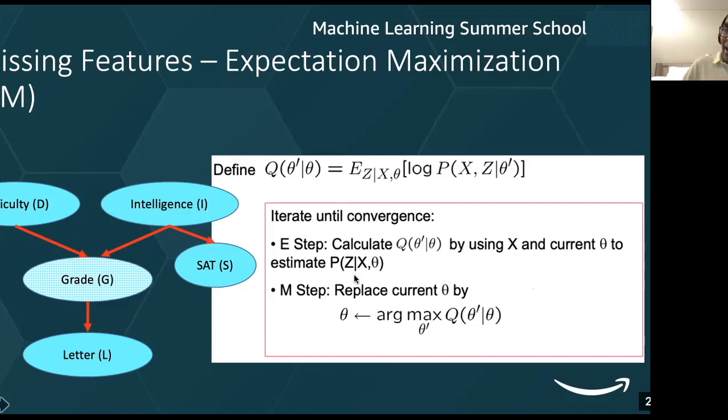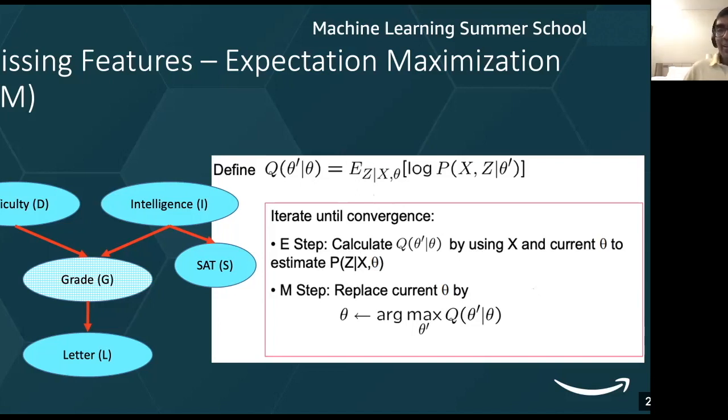In that case, you will end up with a probability distribution of z given x and the current estimate of theta. Then what you're essentially doing is plugging those values of z back into your likelihood expression, but also weighting it by the probability of that z occurring given the observed features x and the current estimate of theta, right?